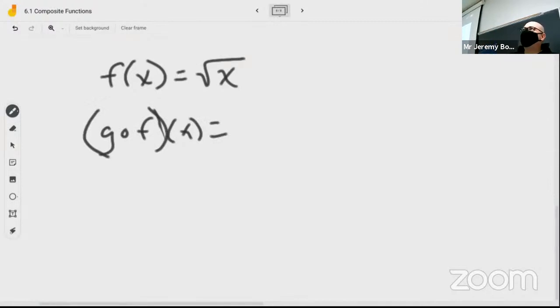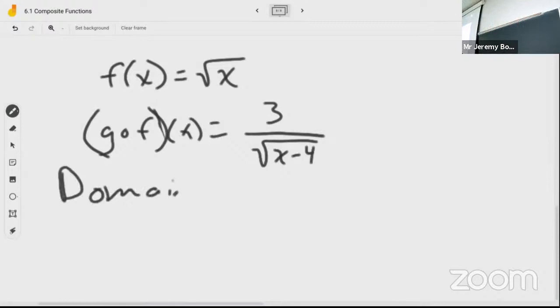You end up getting, yes, that's what I want. And we want to find the domain of g composed with f.